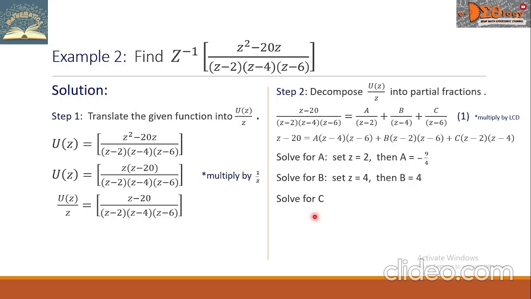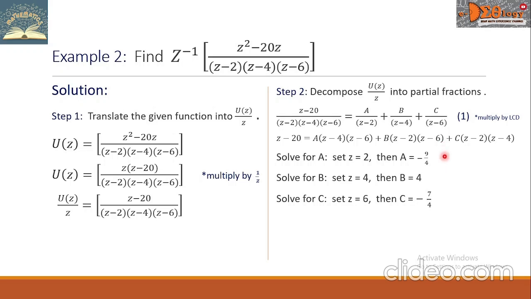Next, let us solve for C, which means let us try to eliminate the variables A and B respectively. Notice that there is a common factor for the variables A and B. The common factor is the z minus 6. Let us set z equals 6 so that we can solve for C. And the value is now negative 7 over 4.